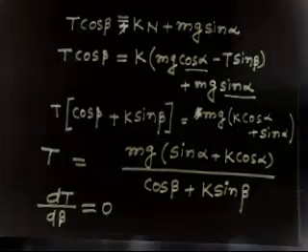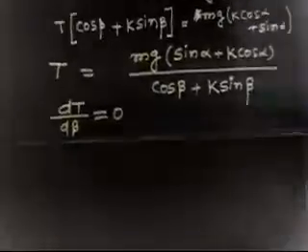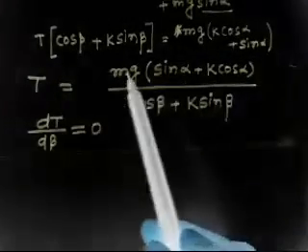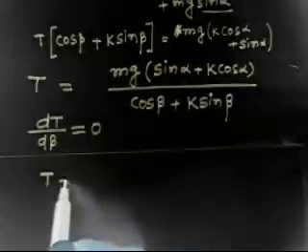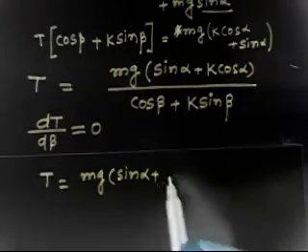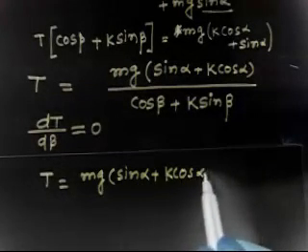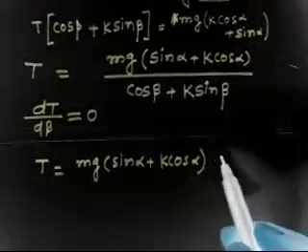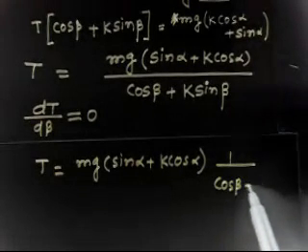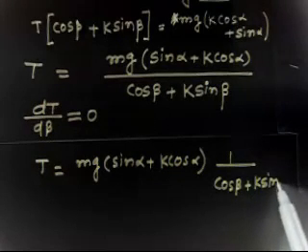So if I differentiate this equation, let me use the next page. The upper part is not a function of beta, so I can treat this as a constant. So T is mg sin alpha plus K cos alpha, divided by cos beta plus K sin beta.